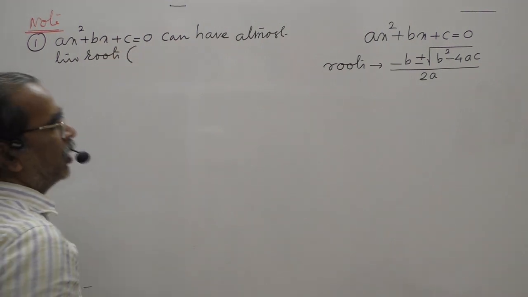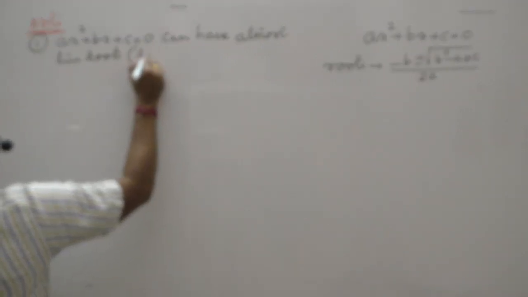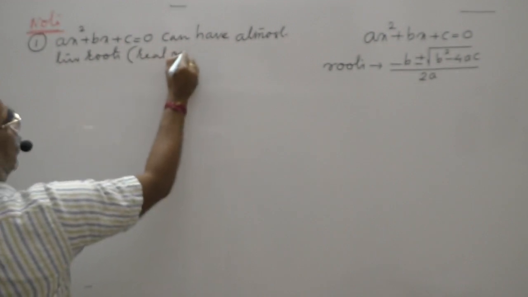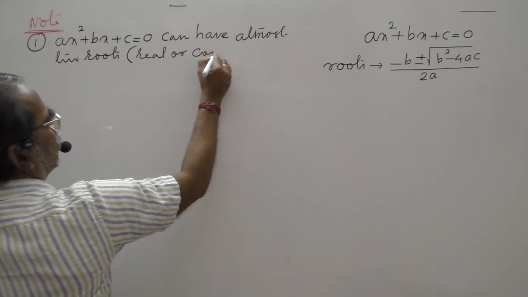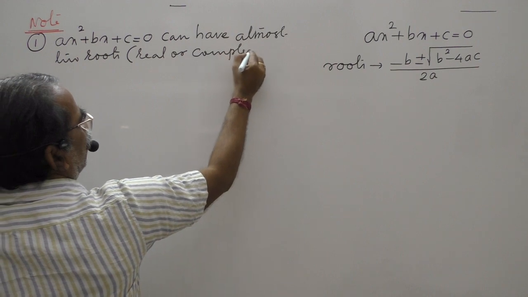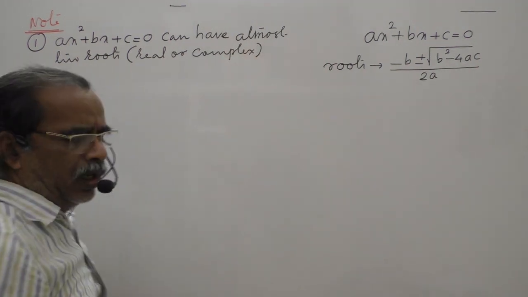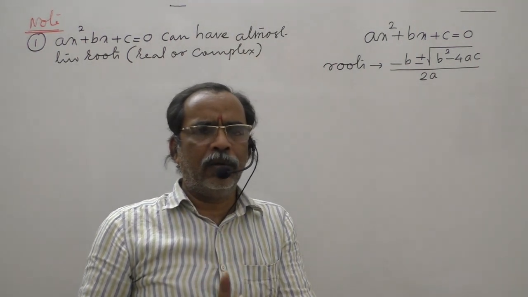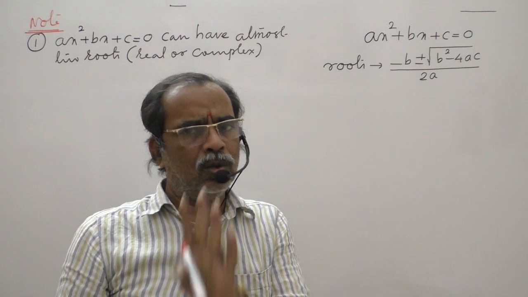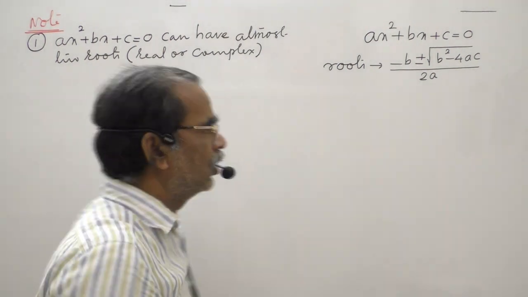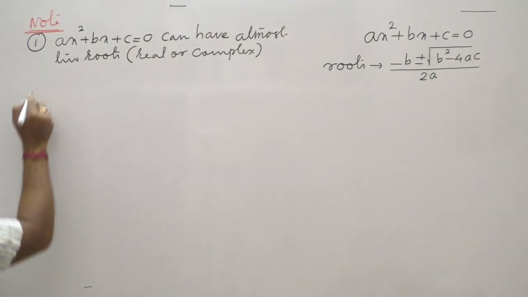And those roots may be real or complex. Roots can be real or complex, but there can be only at most 2 roots, not more than 2. Next point, number 2.